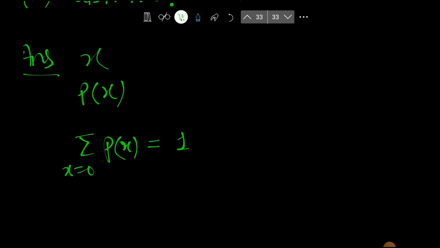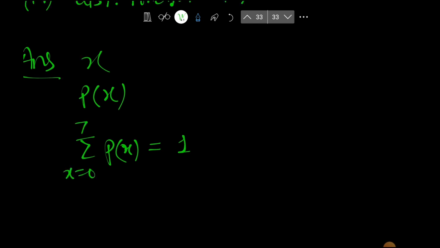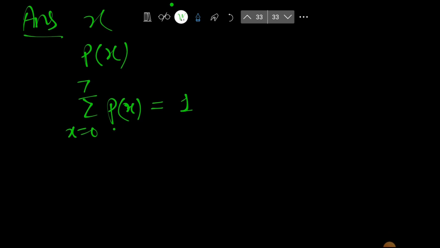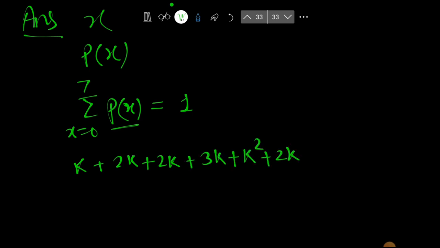For x from 0 to 7, when we sum all the p(x): k plus 2k plus 2k plus 3k plus k square plus 2k square plus 7k square plus k is equal to 1.